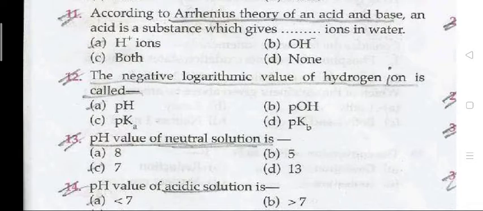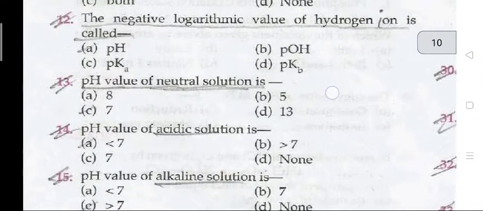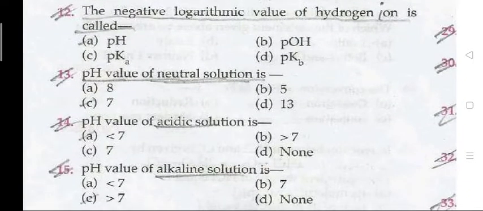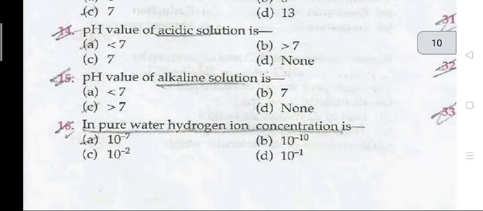Question number 12. The negative logarithmic value of hydrogen ion concentration is called pH. Question number 13. pH value of neutral solution is 7. pH value of acidic solution is less than 7. pH value of alkaline solution is greater than 7.